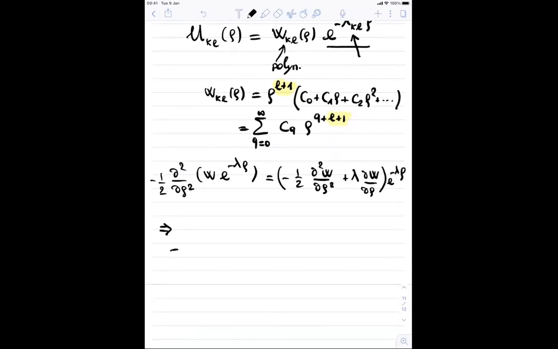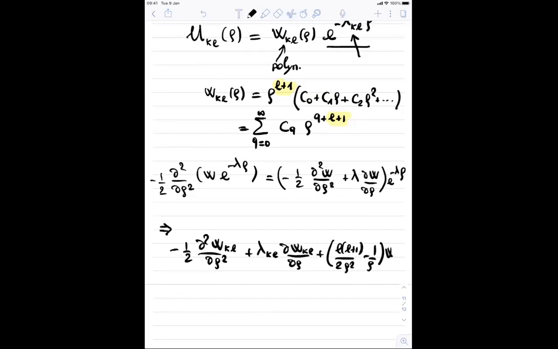Minus 1/2 the second derivative of W, so the power law part, plus lambda, the first derivative of W, plus L plus 1 over twice rho square minus 1 over rho W equal to 0.